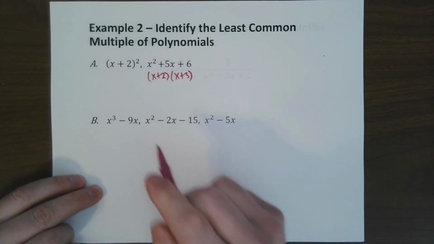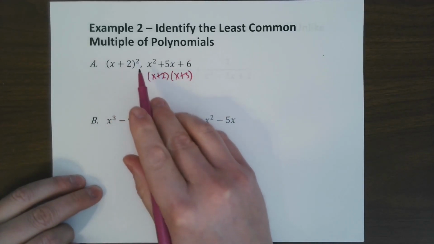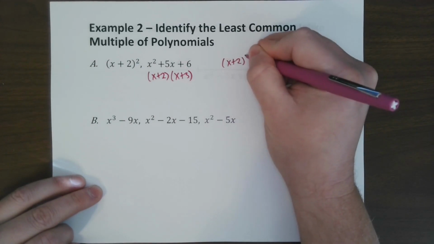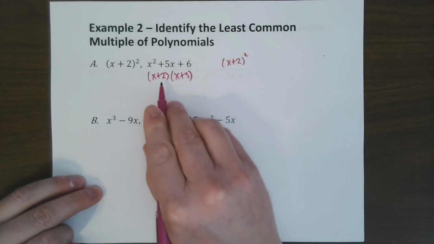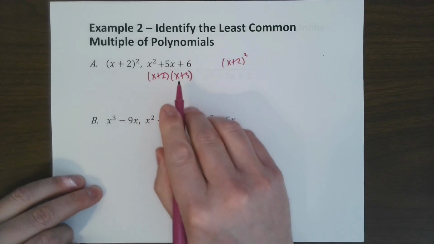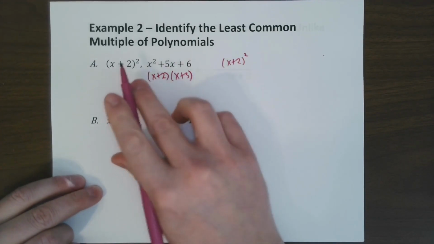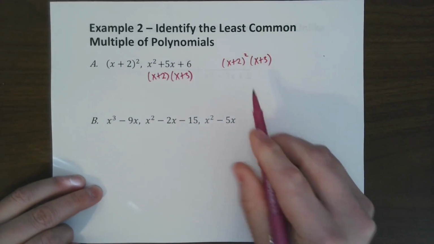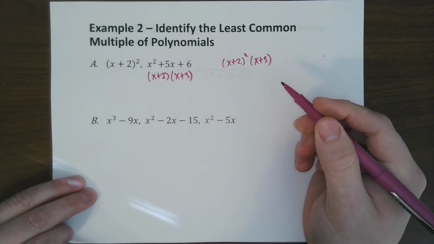In other words, we don't repeat. So I have x plus 2, but I have 2 of them, so x plus 2 squared stays. Since it already has an x plus 2, we don't worry about it. And then since this one doesn't have an x plus 3, we're going to give it an x plus 3. And that's basically your least common multiple.